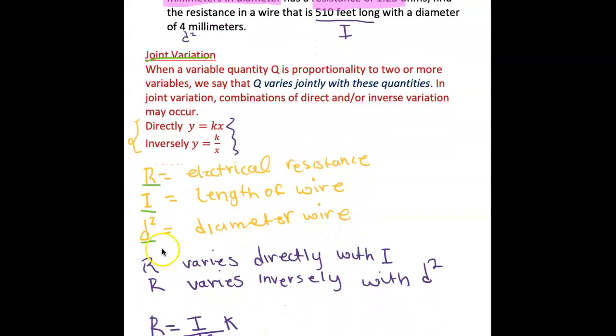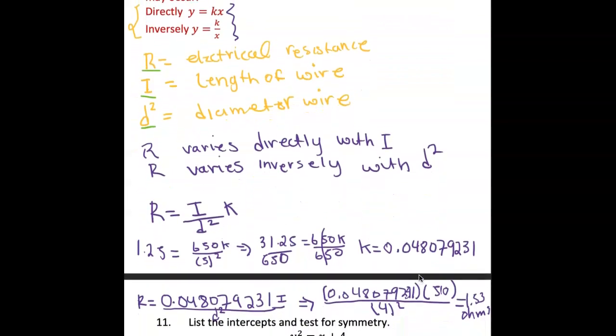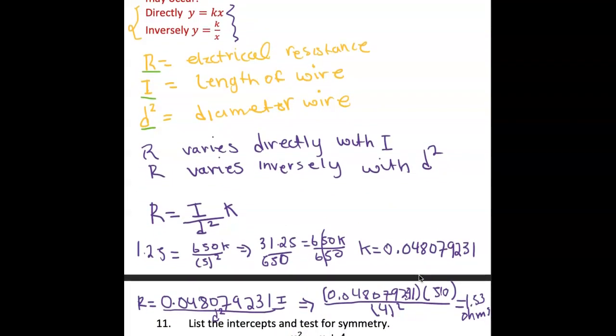So in this case, the R varies directly with I, and R varies inversely with D squared. Once we have that information, we construct our first model. And the first model is to help us find the K. Okay? The constant K. Once we have that, we're going to go ahead and construct our final model.